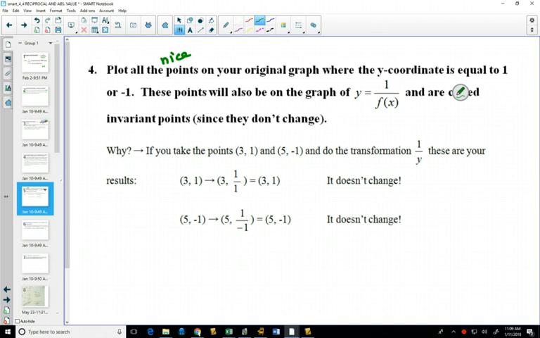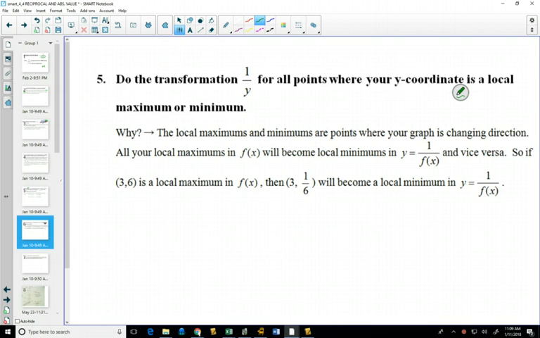So any nice points, you can just change the y value to 1 over y. And this is step 4. Steps 4 and 5 together, you can put them together as just nice points. So if you've got some nice points, change them.